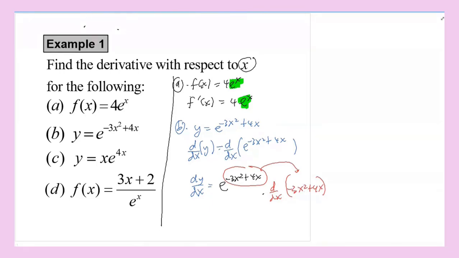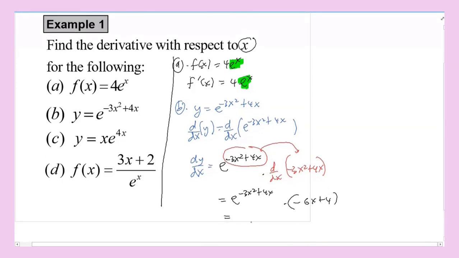And the next step, you must skip few steps. Okay, e power negative 3x squared plus 4x. Then differentiate this one guna power rule, simple kan. Negative 6x plus 4. Then simplify. Negative 6x plus 4, or 2 times negative 3x plus 2, e power negative 3x squared plus 4x.